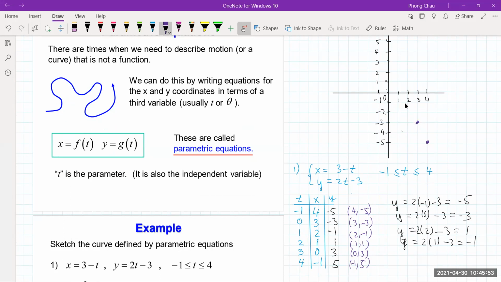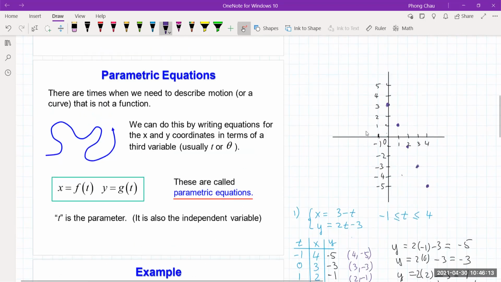Okay, 2 and -1 is here. And then we have 1, 1 is this point. And 0, 3, this point. And finally, -1, 5. -1, 5 is right on this number.